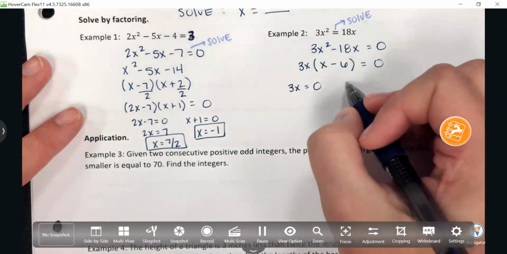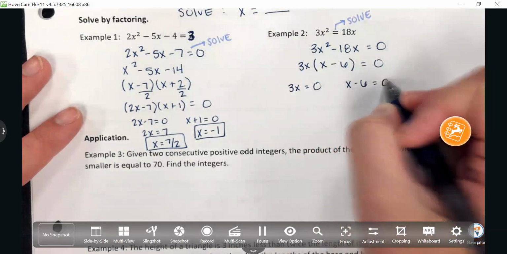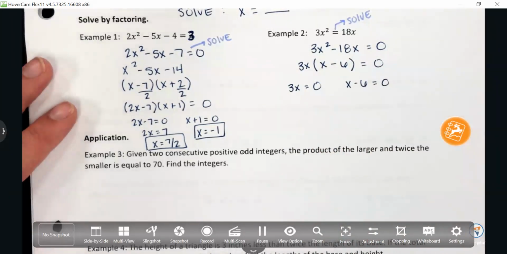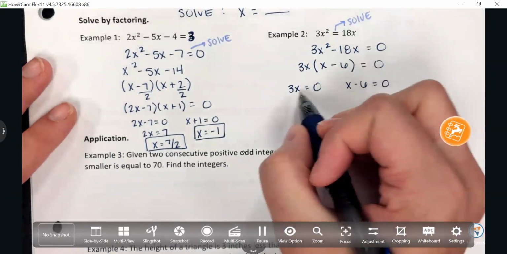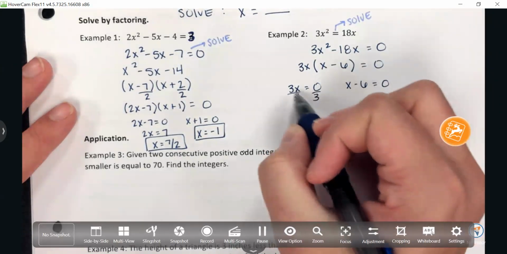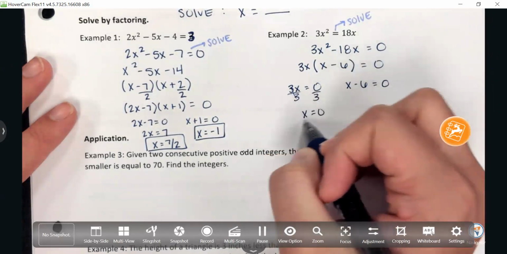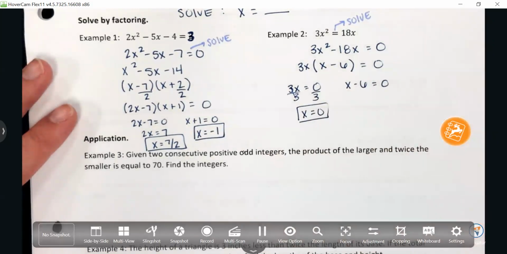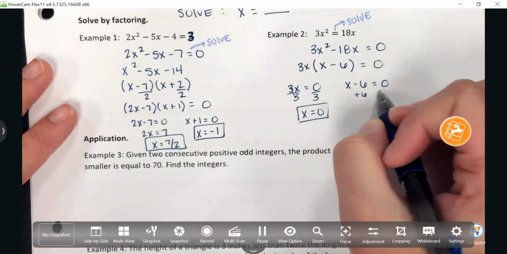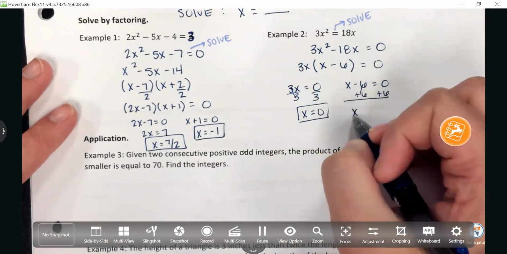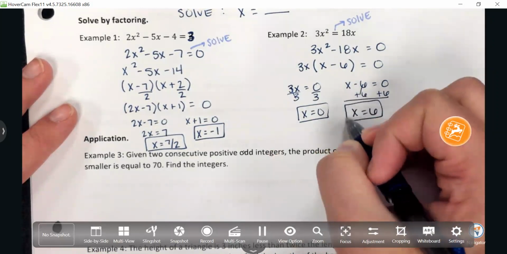My second factor is x minus 6, and it has to equal 0. So my first factor, if I divide both by 3, x will equal 0. And if I add 6 in my second factor, x will equal 6.